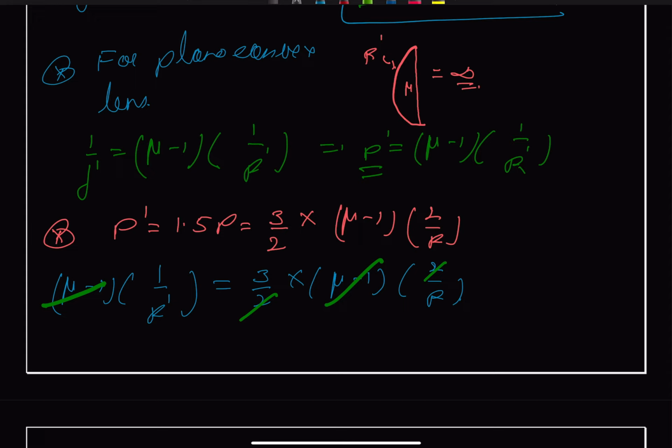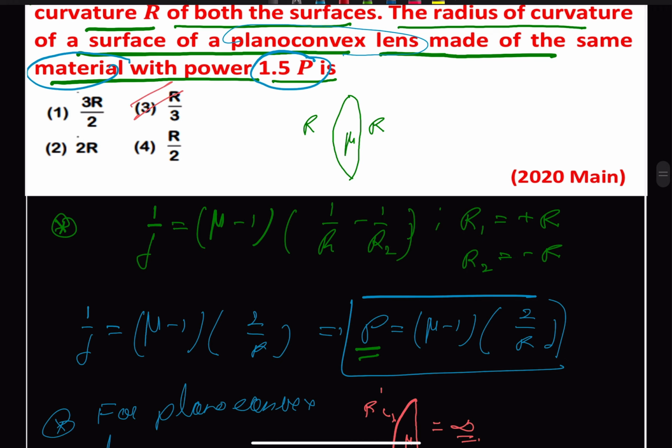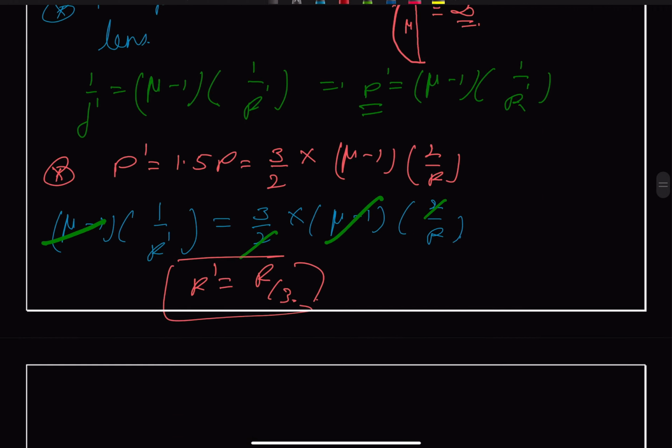So we can say that R prime is equal to R by 3. So option number 3 is the correct one. Option 3 is correct.